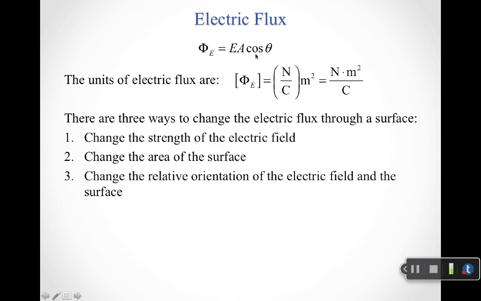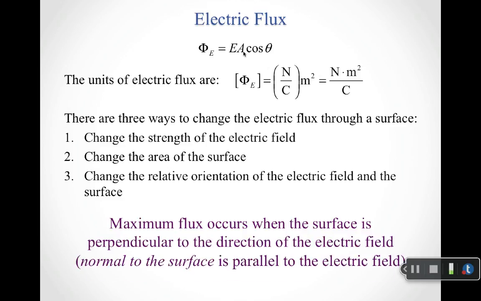If I want to maximize the electric flux, I want to make cosine as large as it can be. The largest value cosine can take is 1, which happens when theta is 0. Theta being 0 means that my electric field vector and my area vector point in the same direction.